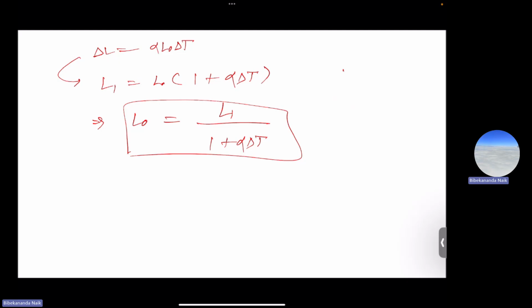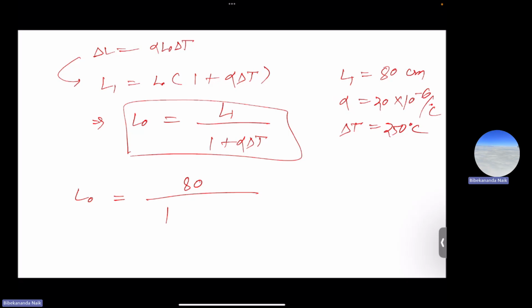L1 is given to us as 80 centimeter, alpha is 20 into 10 to the power minus 6 per degree centigrade, delta T is 250 degrees Celsius. So L0 will be 80 divided by (1 plus 250 into 20 into 10 to the power minus 6).